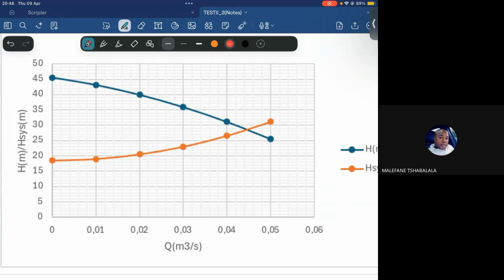So this is our working point. This is our working point.